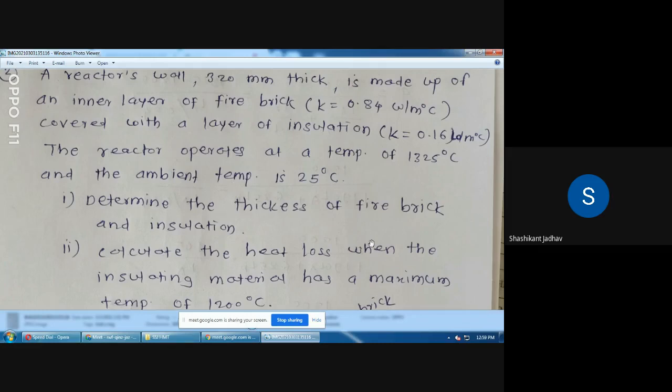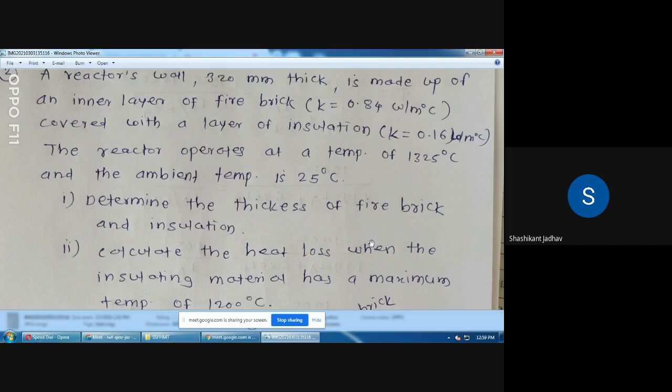1325 degree Celsius. So the inside temperature is 1325 degree Celsius, and then there is a fire brick wall, then insulation is there, and the ambient temperature is 25 degree Celsius. So our aim is to determine the thickness of fire brick and insulation.